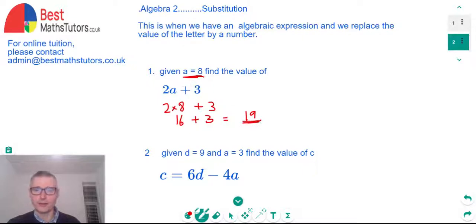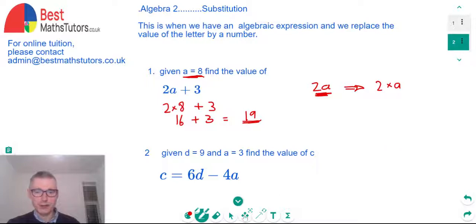So we can see all we did there was just replacing the letter by the value of the number. And also I should point out that if we've got 2a, that's shorthand, that means 2 times a. So that's sometimes not obvious, but if we've got a number and a letter next to each other, that actually means we're multiplying them together.